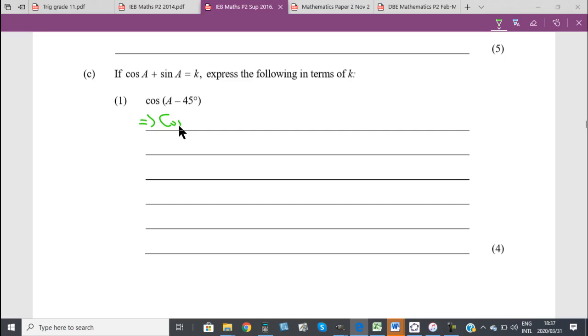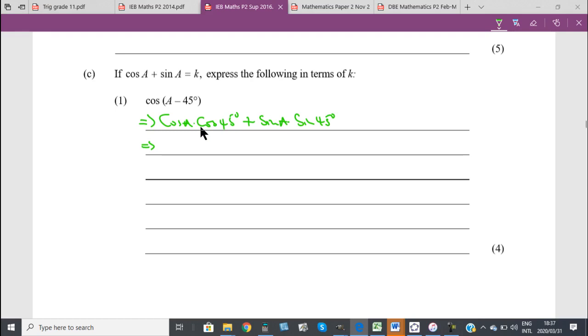It's going to be cos A times cos 45 plus sine A times sine 45.